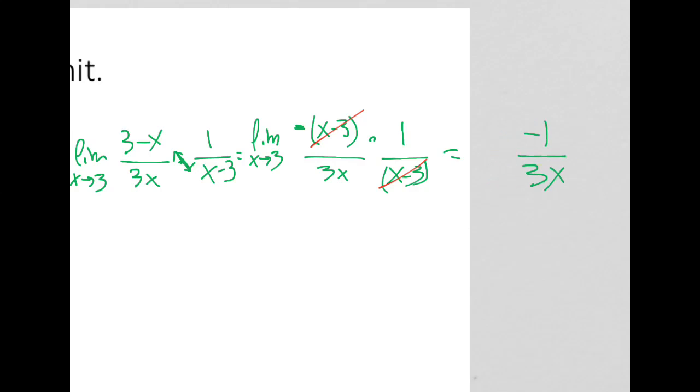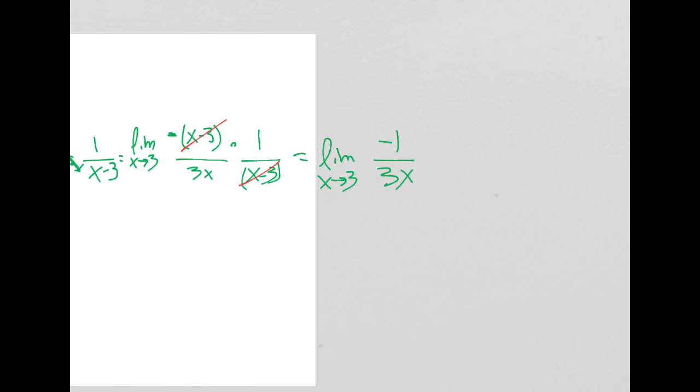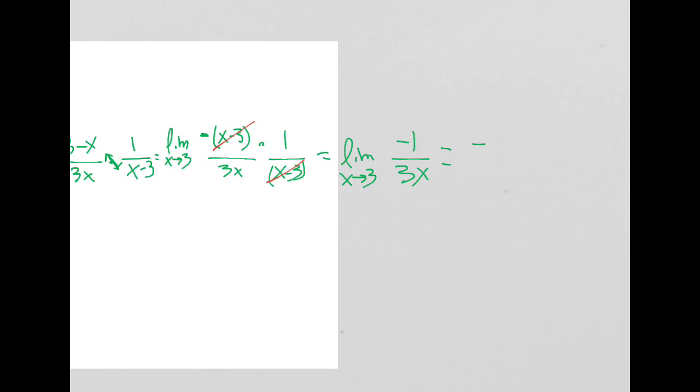No, just kidding, you're left with the limit as x goes to 3 of negative 1 over 3x, which is negative 1 over 3 times 3, which is negative 1/9.